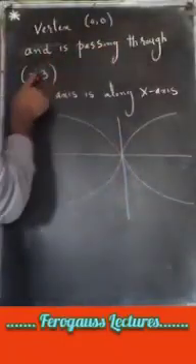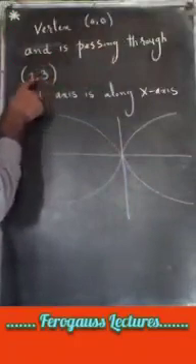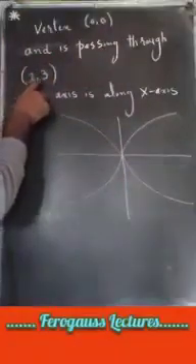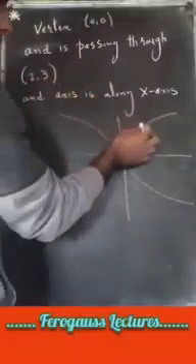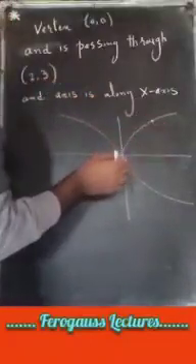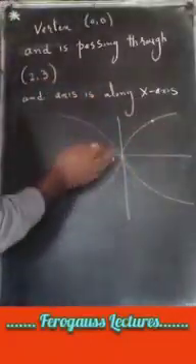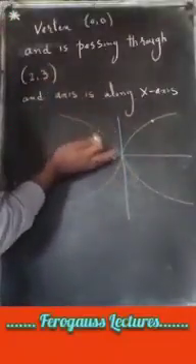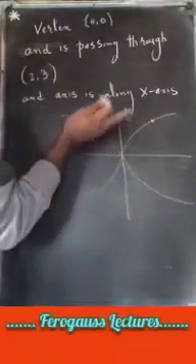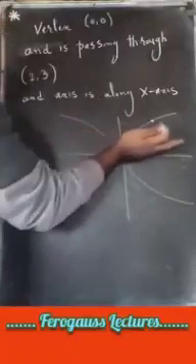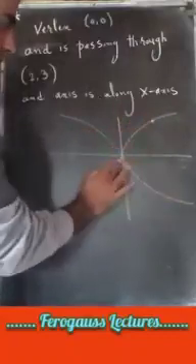But the parabola is passing through the point (2, 3) where both coordinates are positive, so this point lies in the first quadrant. That means the axis of the parabola is along positive x-axis. The parabola is like this.